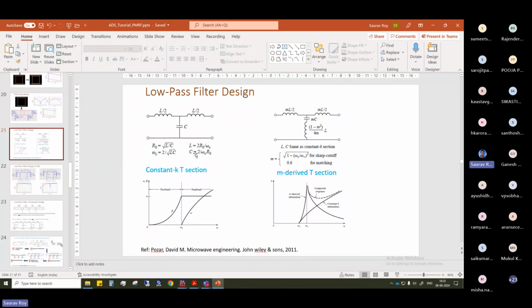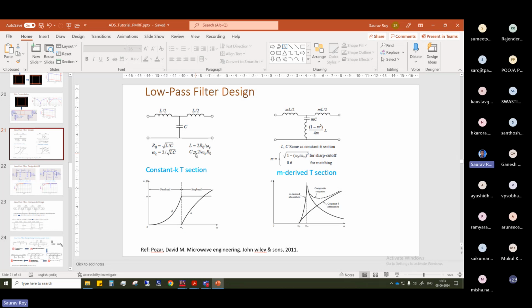If you remember, I have shown you in a Pozar book or any other book, there will be a table given. One for the normal Butterworth filter, one for the Chebyshev filter, and others also. So what will they give? They will give, for a normalized cutoff frequency, that means omega C equals 1, and for a particular order n, given 1, 2, 3, 4, 5, what the components should be.